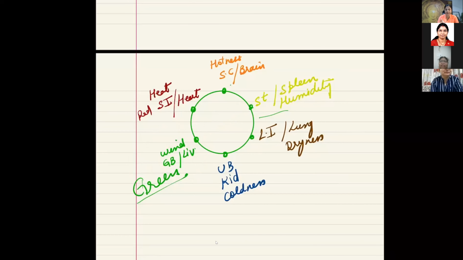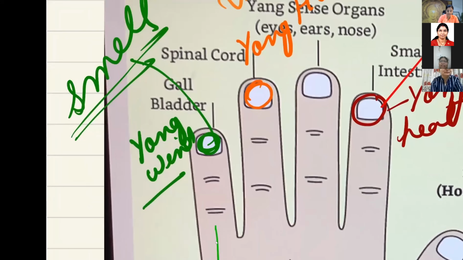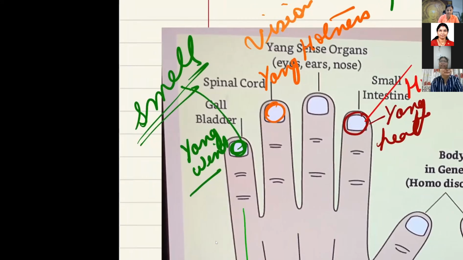Again, for example, let's say this one is the gallbladder. If a person has loss of function, loss of smell sense, what will you do? Will you tonify or will you sedate? And with which color? Can you write in the chat box?